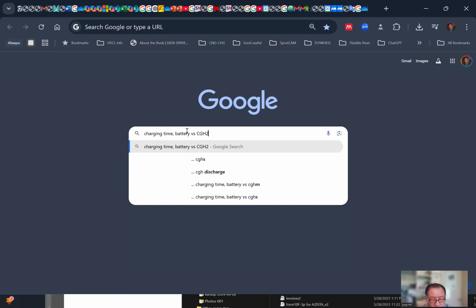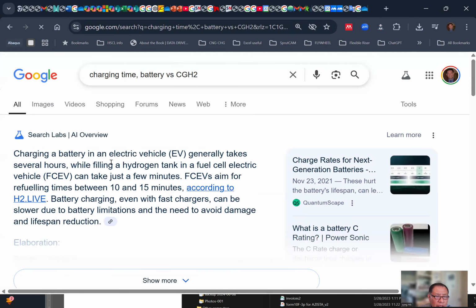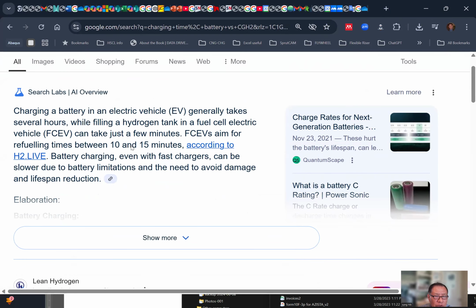CGH2, just a regular compressed H2. Charging a battery in an electric vehicle takes several hours, as we know, but filling a hydrogen tank in a fuel cell takes several minutes, very similar to getting oil and gasoline.